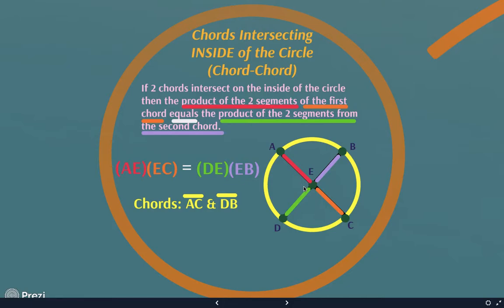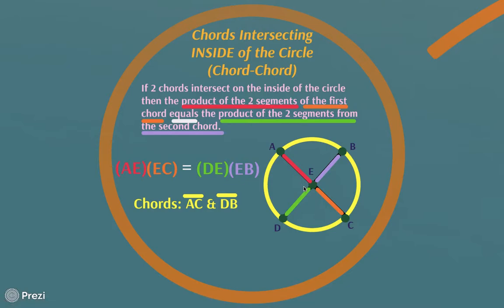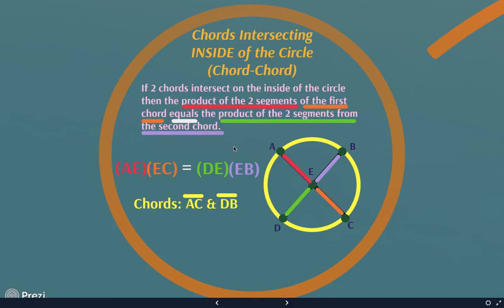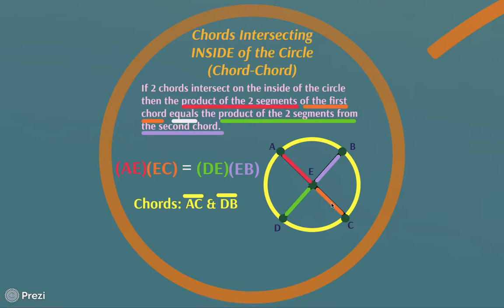If I multiply the two segments that make up chord DB, DE and EB, that equals my first relationship. So basically, we're breaking down each chord into two segments and multiplying them together, and those products equal each other. Pretty nifty, right?